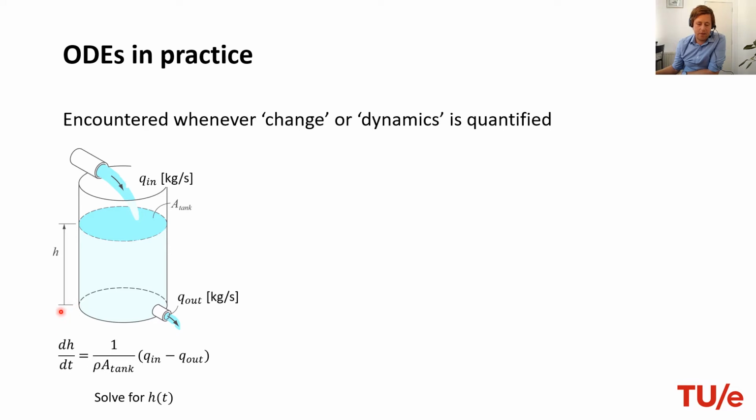For that, we can use this differential equation, which says that the change in height of the water column is 1 over the density of water multiplied with the cross-sectional area of the tank, and you multiply this with the difference in mass inflow and mass outflow. This gives you a differential equation, which you can try to solve for this function h of t, which quantifies the height as a function of time.